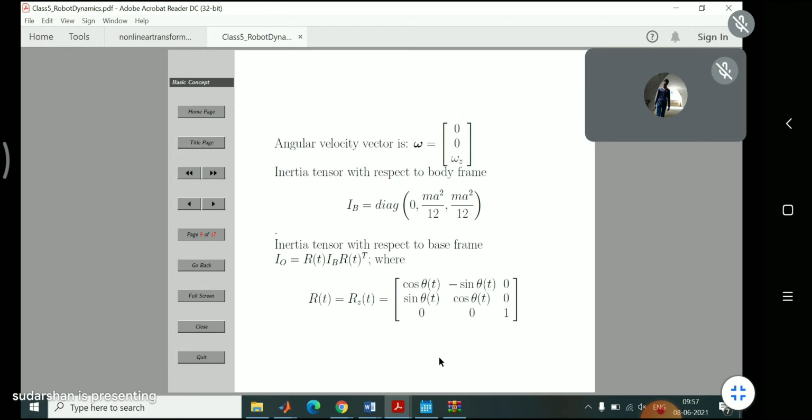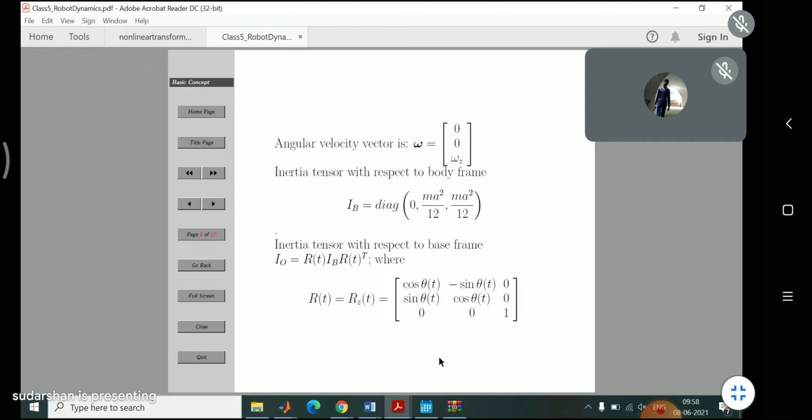Then the angular velocity vector omega is given as 0, 0, omega z, obviously, because it is rotating around the z axis. The x and y components of the angular velocity vector are both 0.